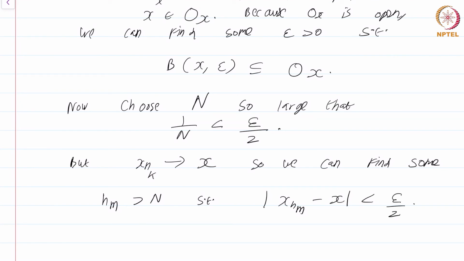Because xnk converges to x, we can find nm greater than n such that x nm minus x is less than epsilon by 2. Okay.